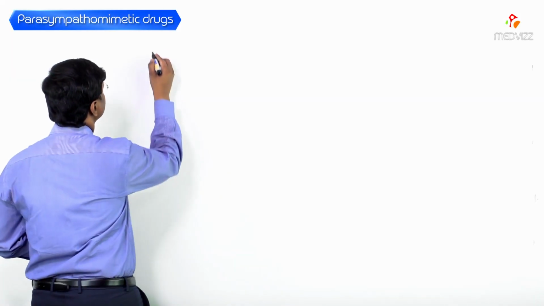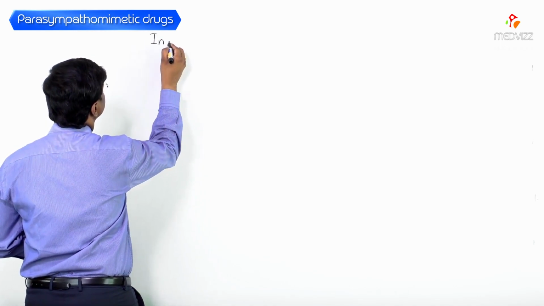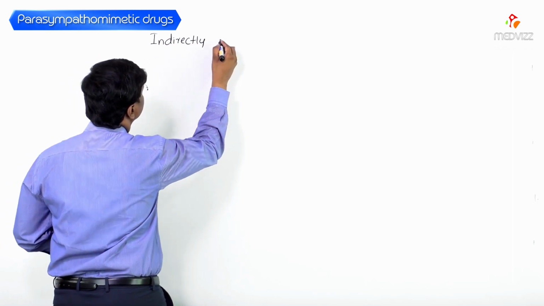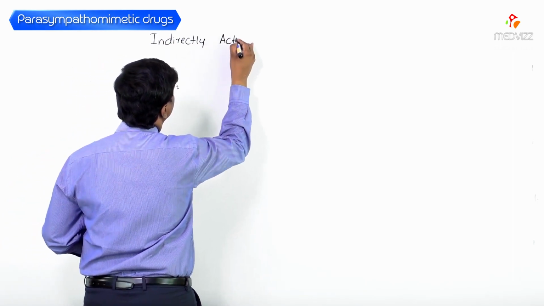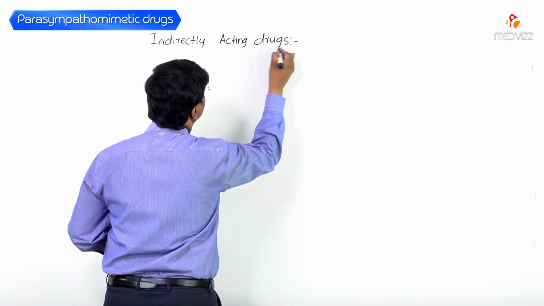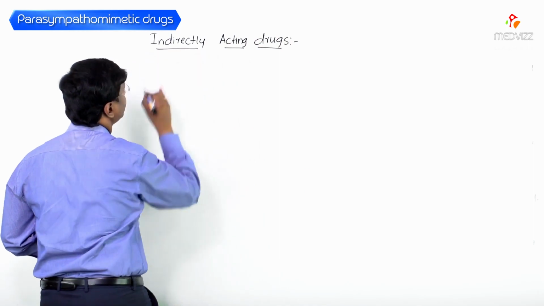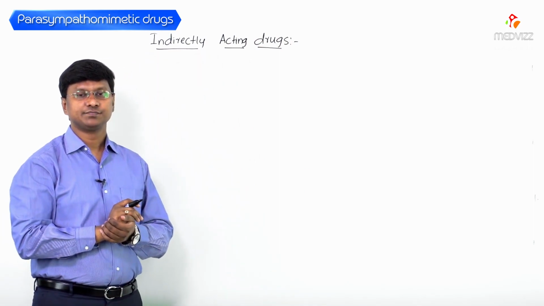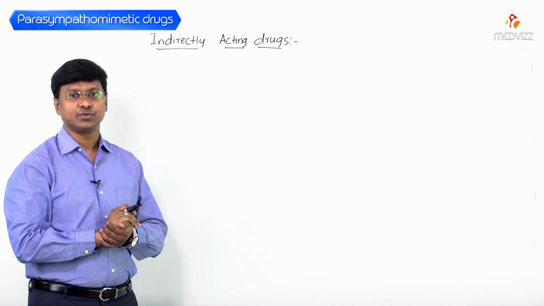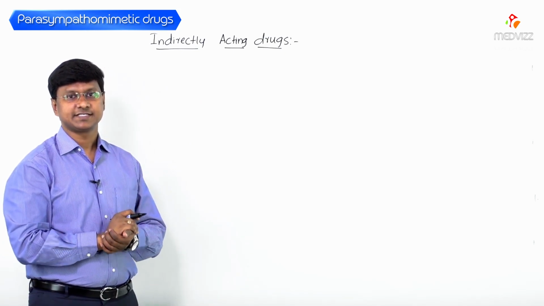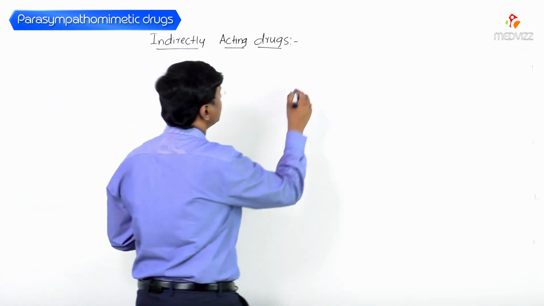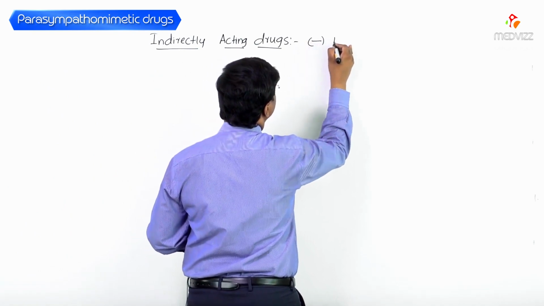Now let me discuss the indirectly acting drugs. If you take these indirectly acting drugs, they will increase the acetylcholine levels at the receptor site.